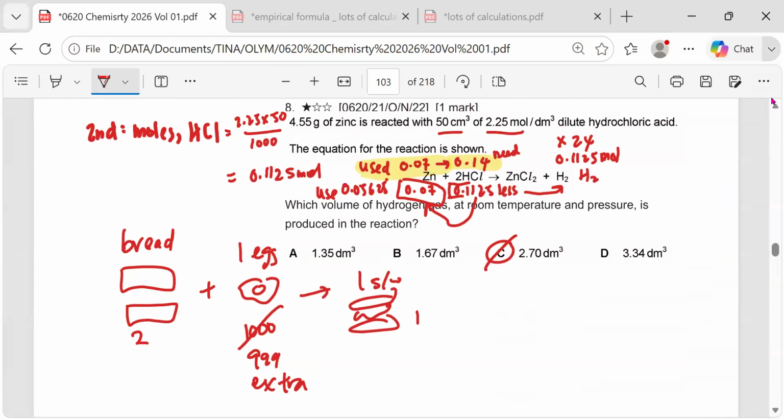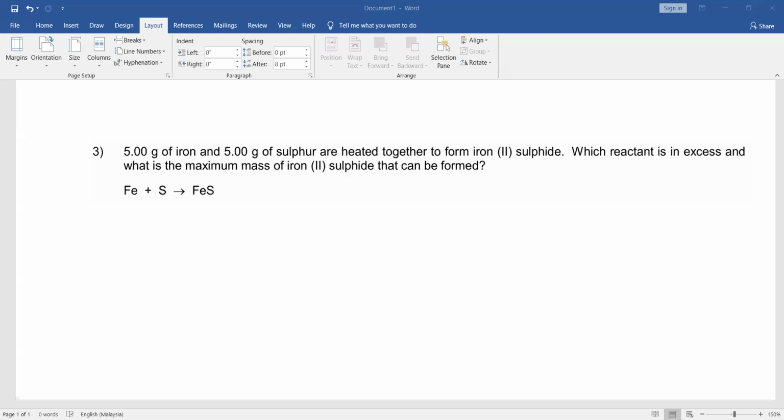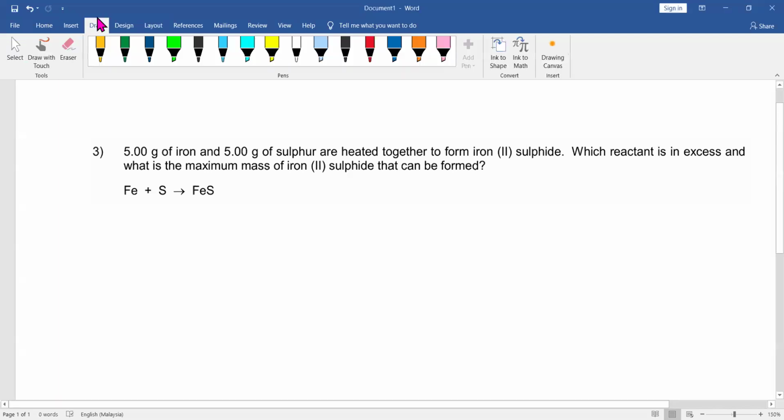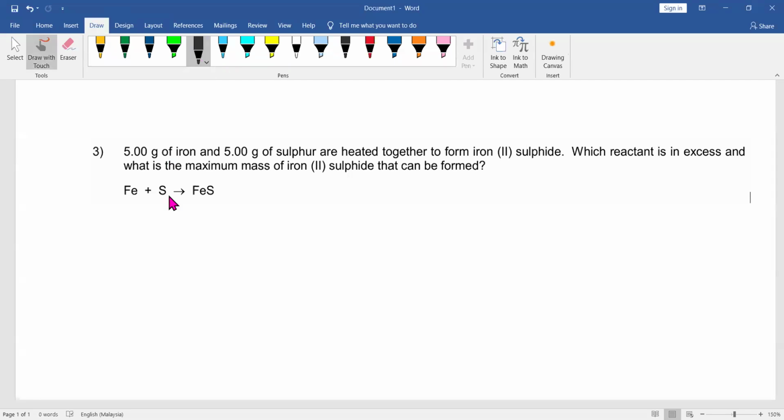Okay, the first thing you need to do is you need to calculate. You find the amount of moles of iron, and then you find the amount of moles of sulfur. Can you do that first? Step 1, step 2.